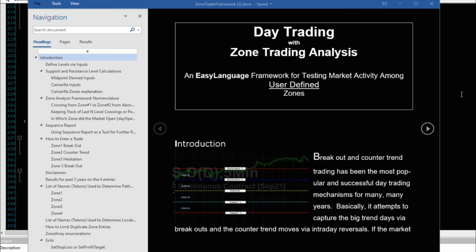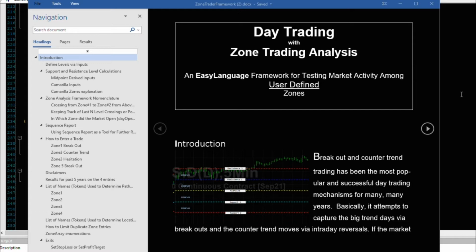The most popular, of course, is the Camarilla equation, where it plots 4 support and 4 resistance levels. The template that we're going to be using today is based off yesterday's midpoint. We're going to create a midpoint, and then we're going to create 2 support levels and 2 resistance levels based off of the midpoint.